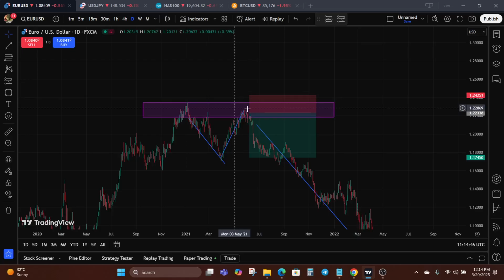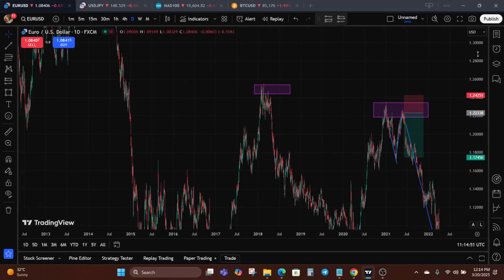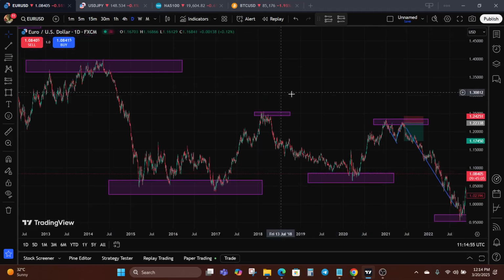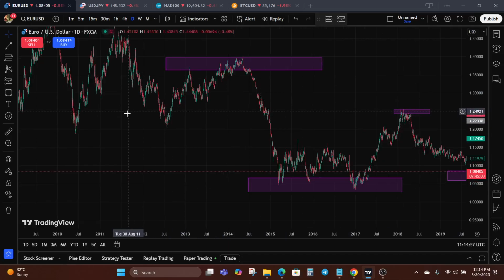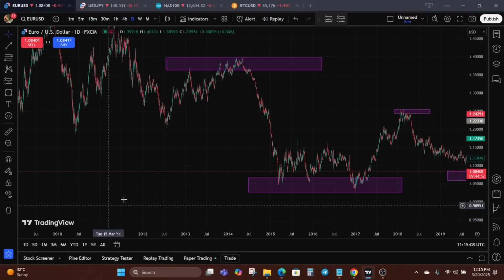For example, this particular zone, over the past I don't know how long, but this is the daily time frame, so we are talking about years now. If you look down, you're going to see this is 2013, 2012, 2011, and so on.